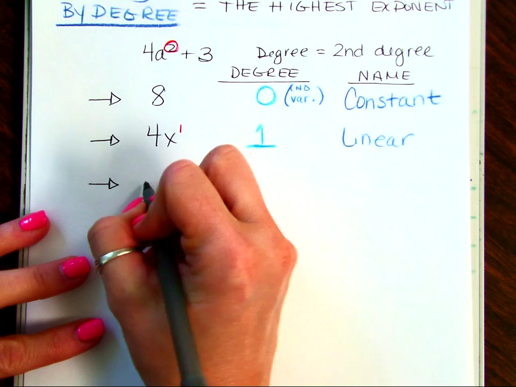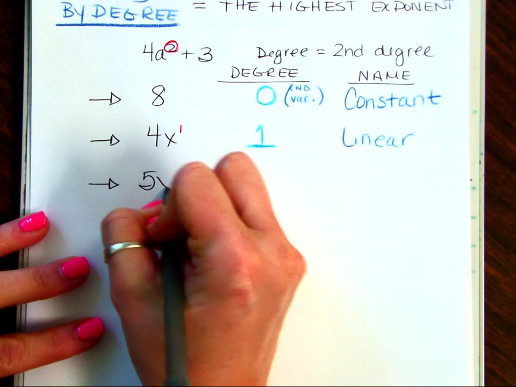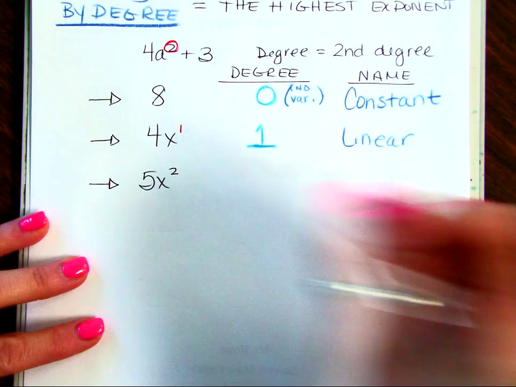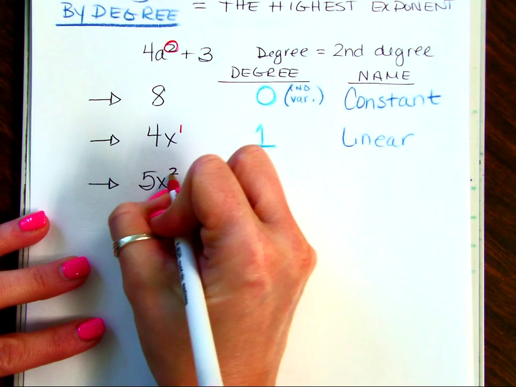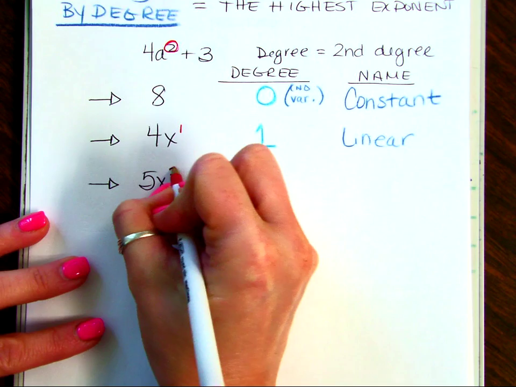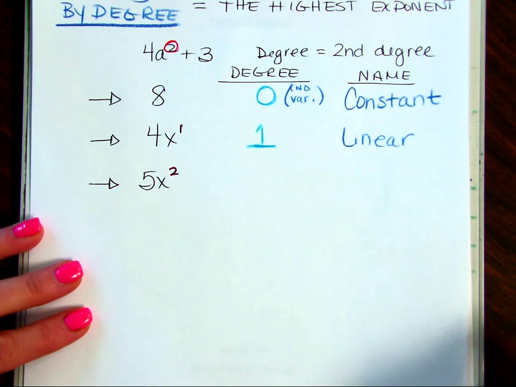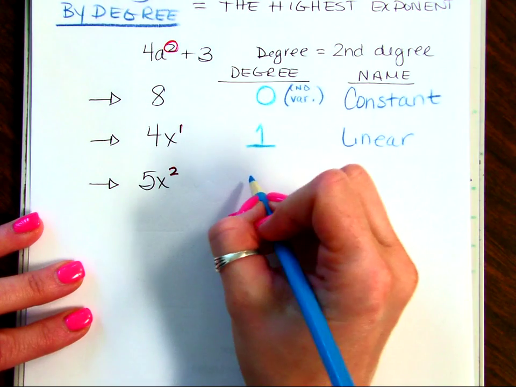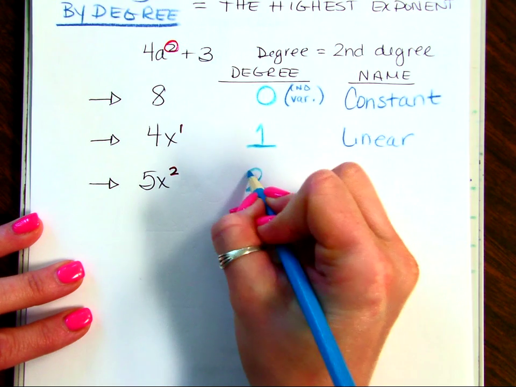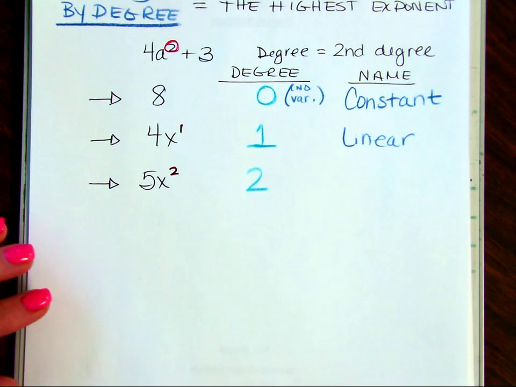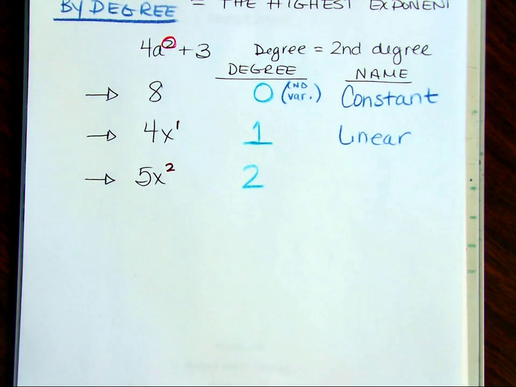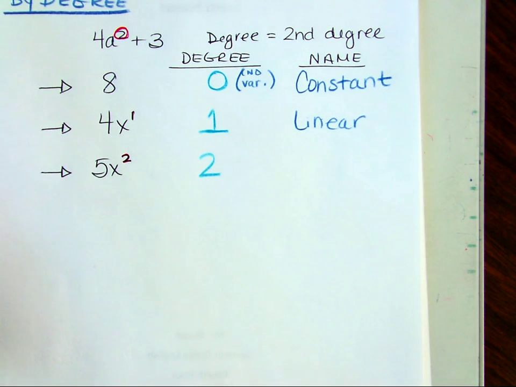So let's take like 5x squared. And let's have the exponent be a 2. If the highest exponent you see is a 2, that has a special name. I'm kind of annoyed by it because it's not what you would think.